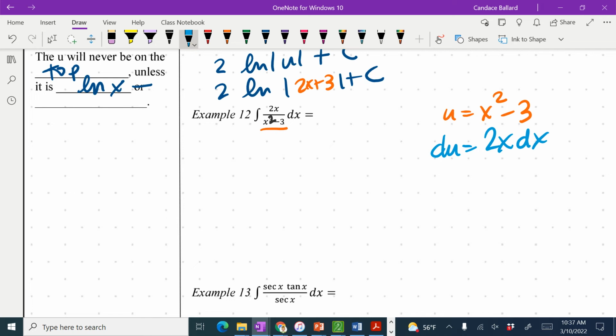Okay. So my x squared minus 3 is the u. We got lucky and our entire du is there. So I'm just going to substitute in. You've got the integral of, put your u in for x squared minus 3. du goes in for 2x dx.